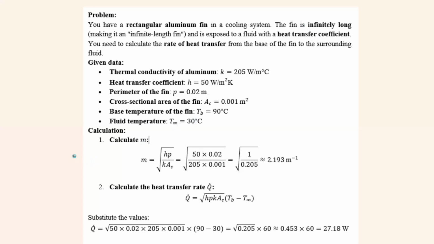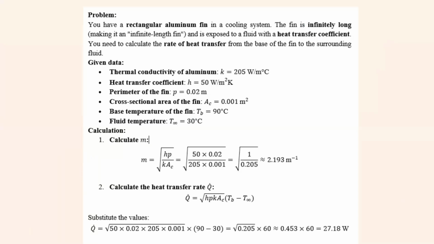For the calculation, first calculate M with the expression of the square root of the division of the heat transfer coefficient multiplied by the perimeter, divided by the thermal conductivity and the cross-sectional area.